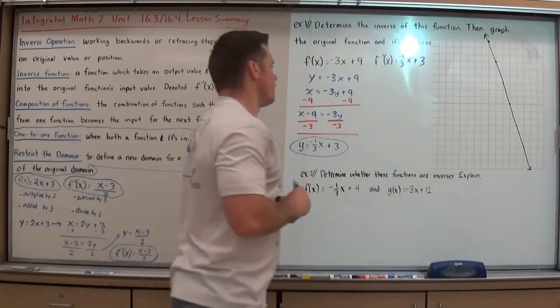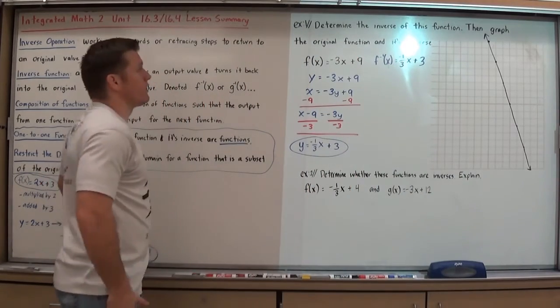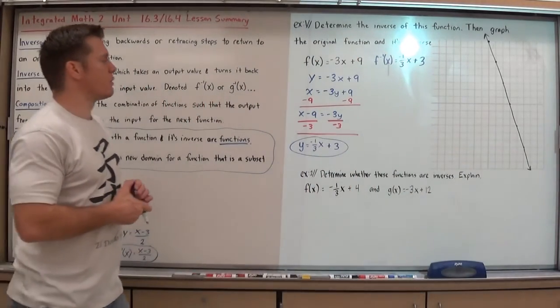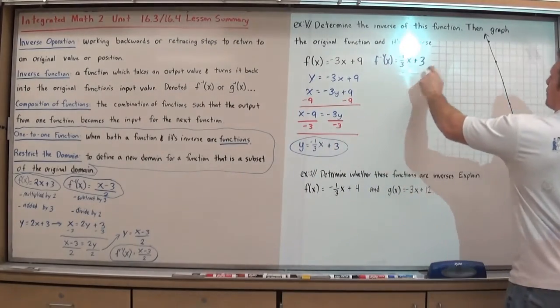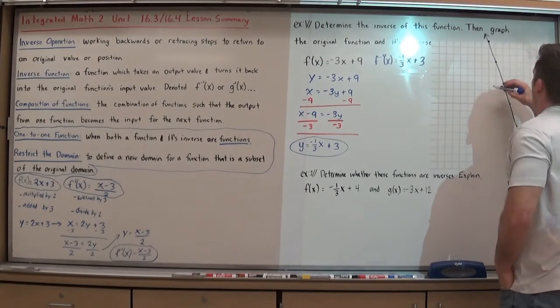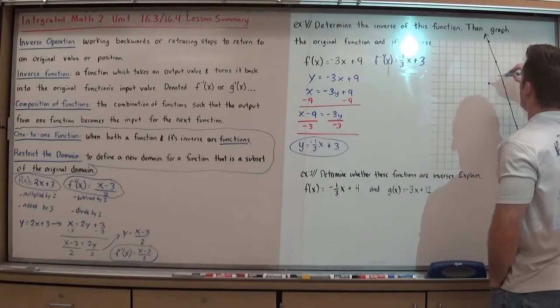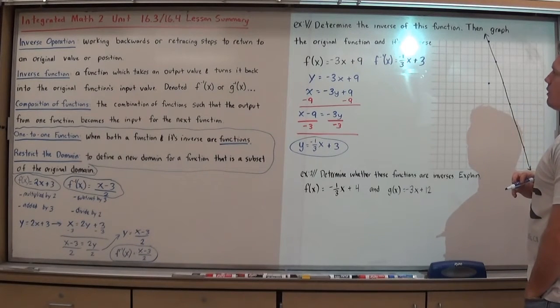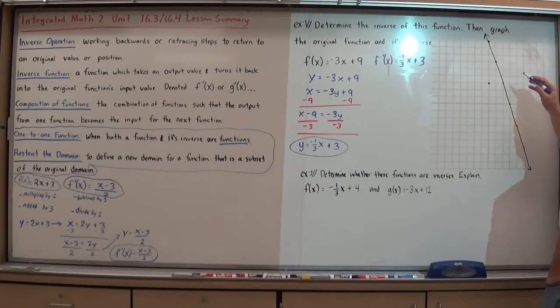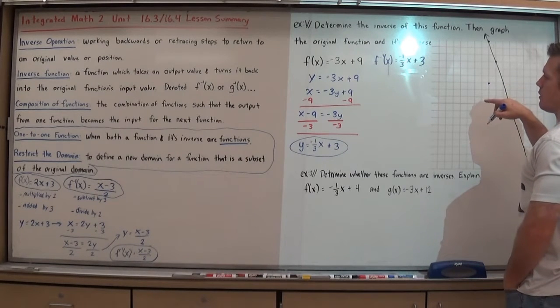So there's the original function, and I will graph the inverse function in blue, show you what that looks like. It's again linear. Slope is negative 1/3, y-intercept is 3. So I'll go up to 3 with my y-intercept, and my slope here is negative 1/3. Is that right? Yep.